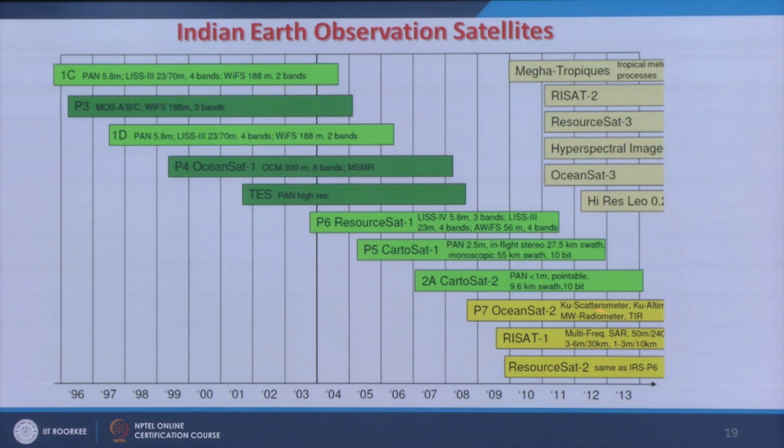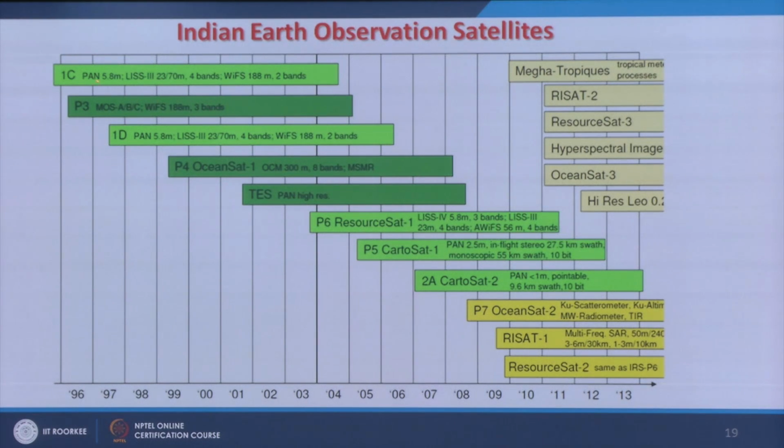Then there is OceanSat, mainly focused on oceanography-related applications. Cartosat-2 worked up to 2013, and it provided data at less than 1 meter resolution, 9.6 meter swath and 10-bit quantization, and so on.